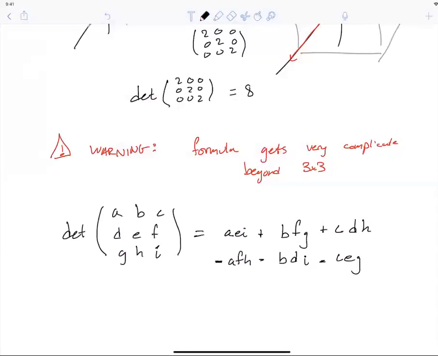So with every determinant, we're going to be multiplying more and more things together and adding and subtracting more terms. So where does this come from?